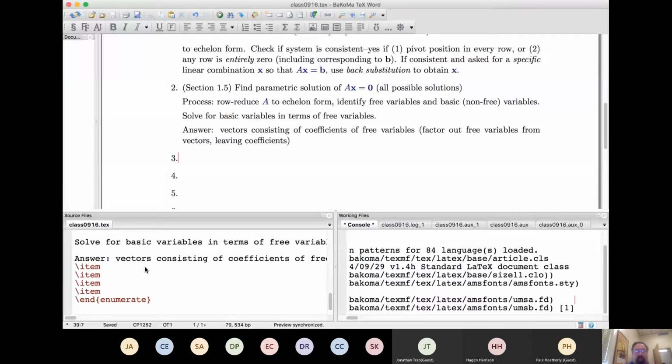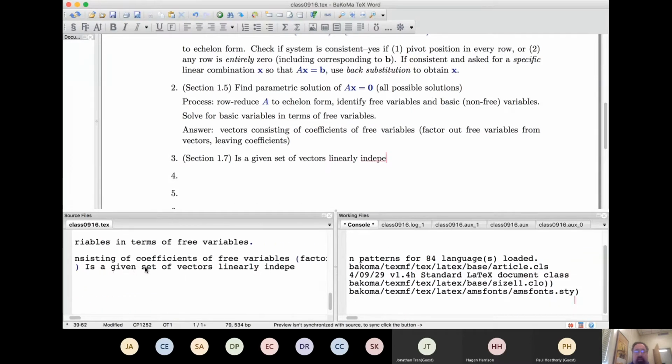Now the third type of problem. So this is from section 1.7.